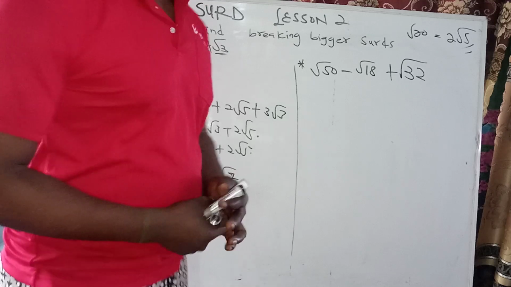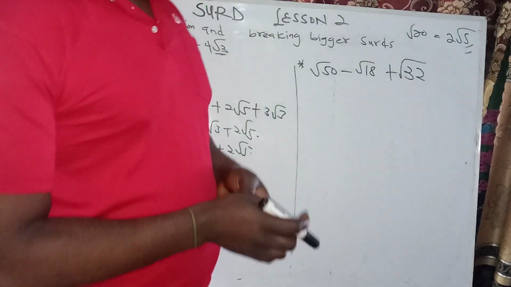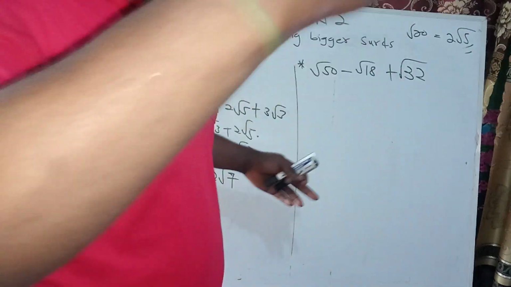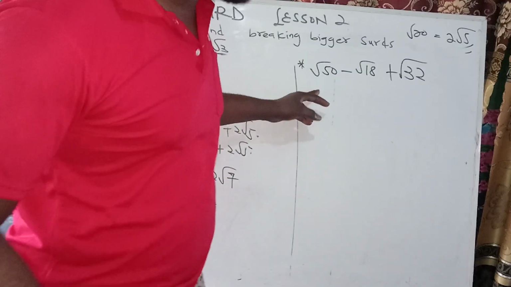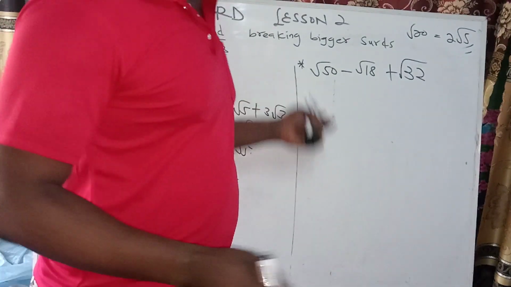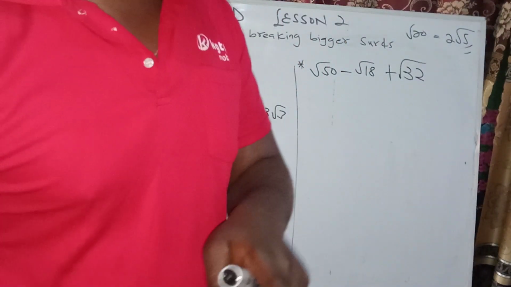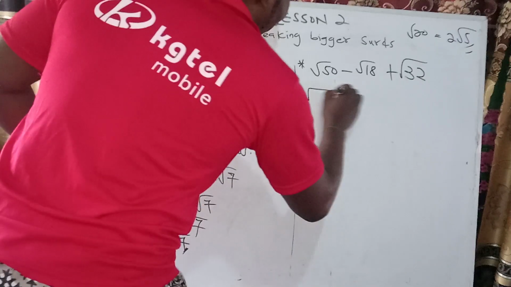What of 5? 5 times 10 will give me 50, all right, but 5 is not a perfect square number. 10 is also not a perfect square number, so it will not work. I need to get a perfect square number and a non-perfect square number. So let me take 25. 25 times 2. Yeah, 25 is a perfect square number. 5 squared will give me 25, and the square root of 25 will give me 5.